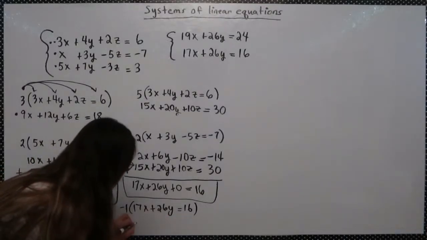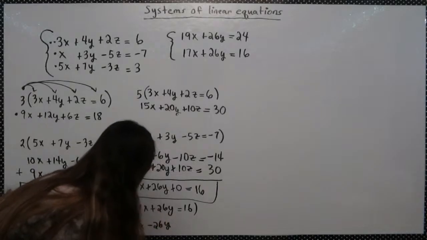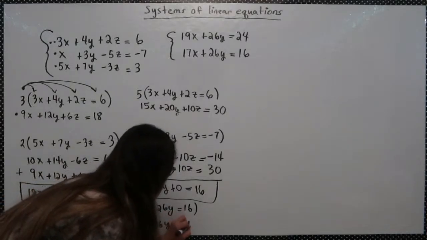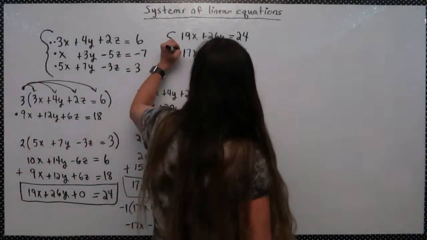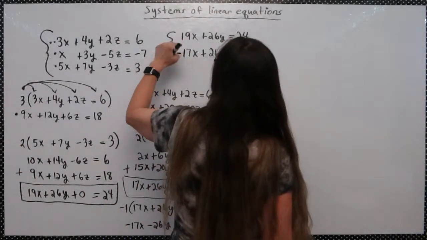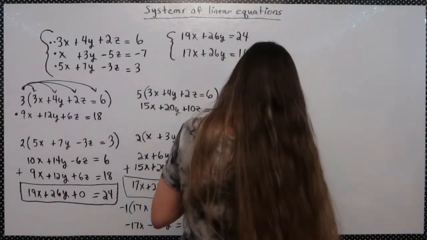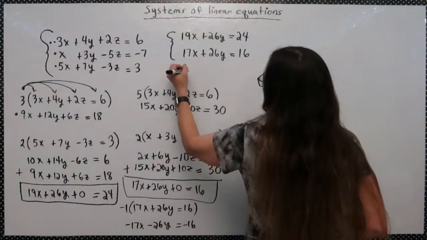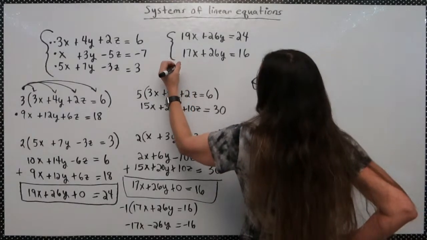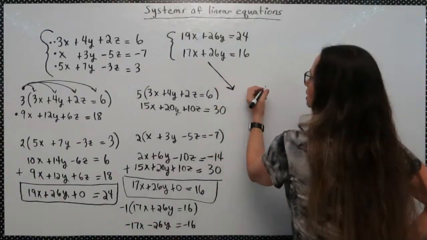So that's -17x minus 26y equals -16. Actually, you don't have to do that. We can rewrite it. So I will see if I can fit it in here as a step. We'll do it here. All right.